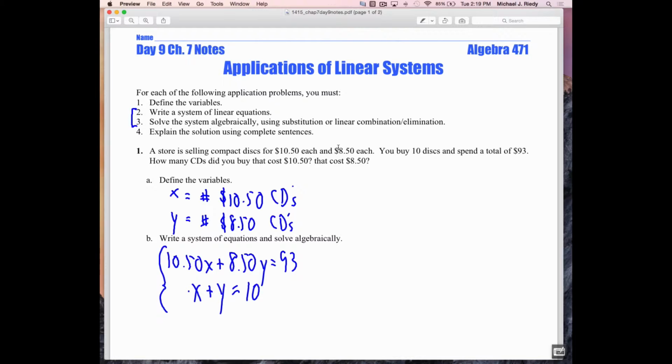Do we want to solve for x or solve for y? How many want X? How many want Y? Y's win. Therefore, Y equals negative X plus 10.